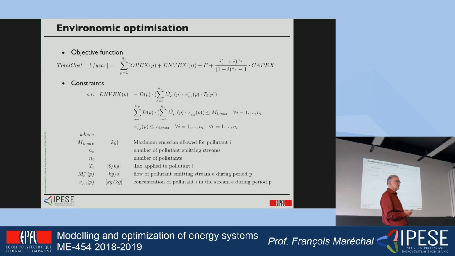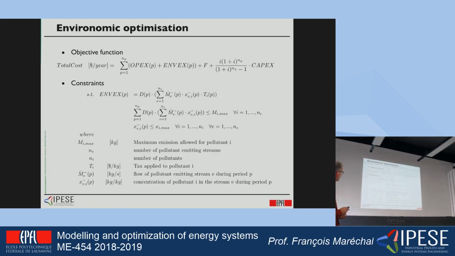I'm emitting carbon dioxide, so it means that someone will have to pay for mitigating the carbon dioxide. Okay, I'm emitting NOx. If I'm emitting NOx, there will be an impact, and typically people say, okay, you have to pay for it.